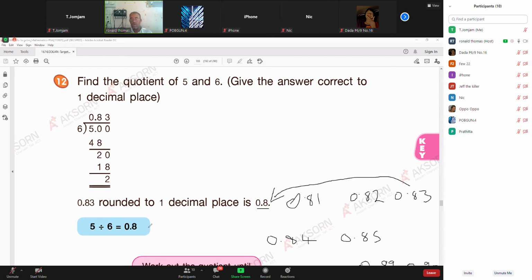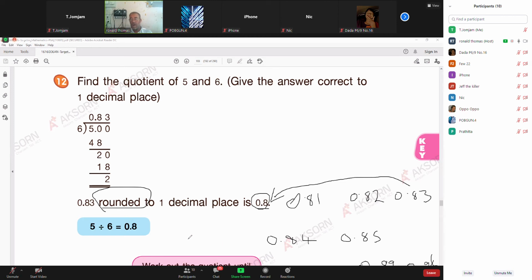So to round it off, you would go 0.8, not 0.9. You round it off to the nearest number, which in this case is 0.83, rounds off to 0.8 and not 0.9. That is what they mean by rounding it off.